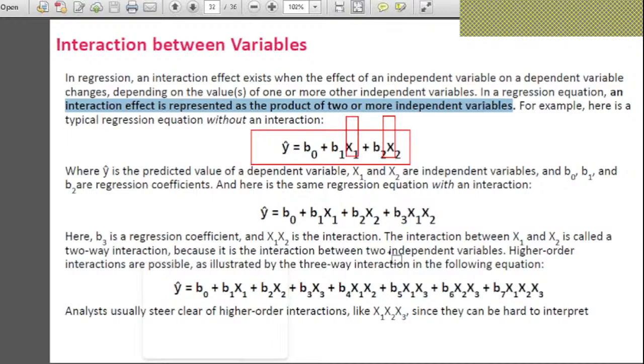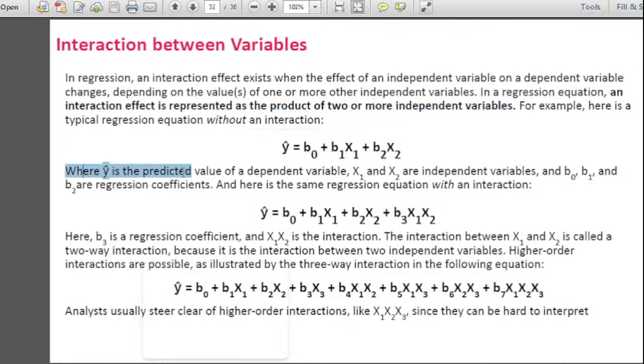But sometimes my dependent variable is also impacted by the interaction of x1 and x2, and I have to take that interaction into account. Otherwise, my regression equation will not be robust.